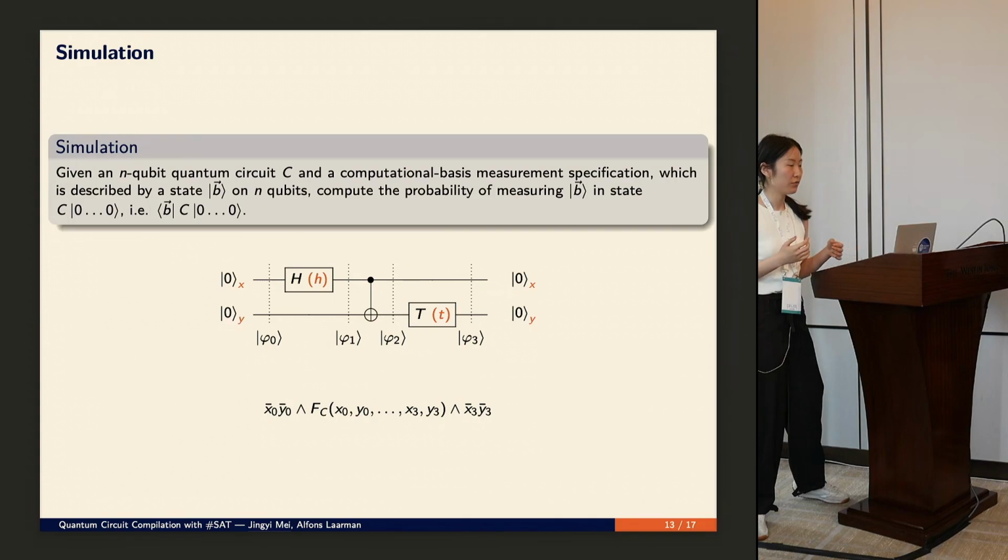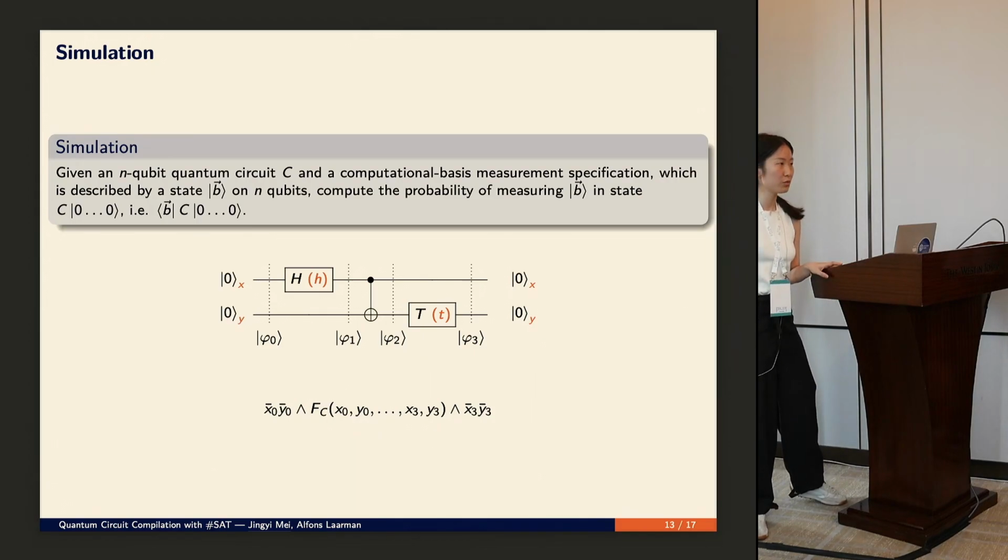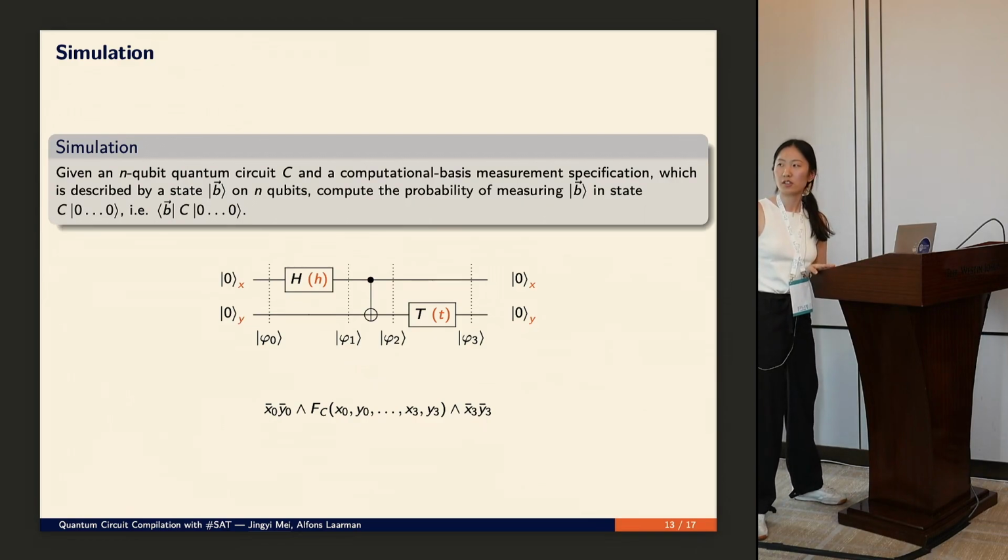So it's not possible to get a sampling of the whole vector. But we already showed that just with these measurements, we can already do equivalence checking, synthesis, different tasks. So I would argue that this definition of simulation is already canonical.